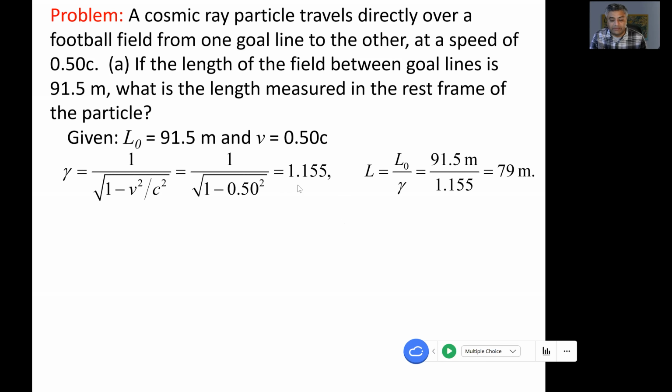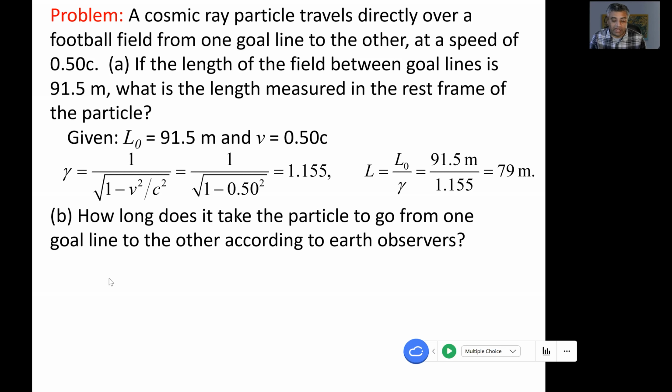So now we can find the length using the formula we have for the contracted length. Okay, so it's going to be that. So that's part A. Now part B, how long does it take the particle to go from one goal line to the other according to the Earth's observer?